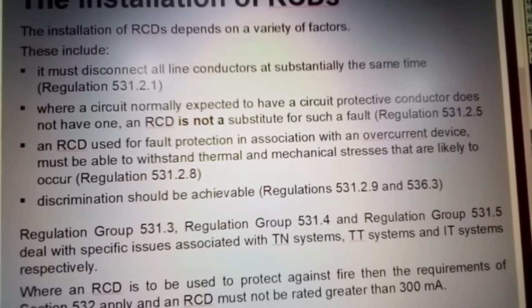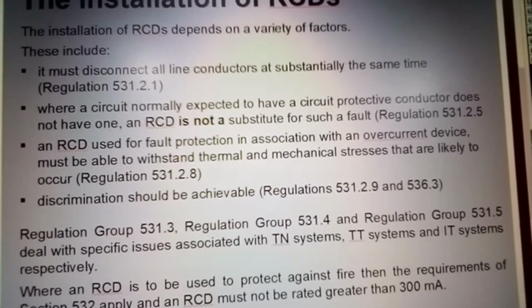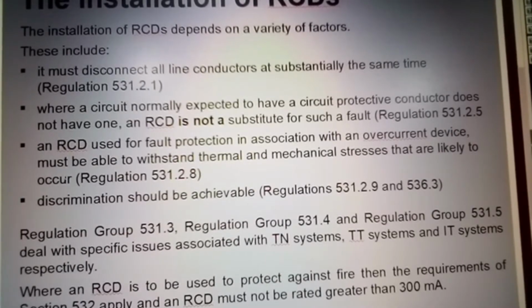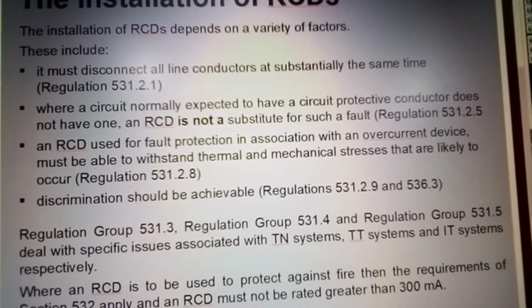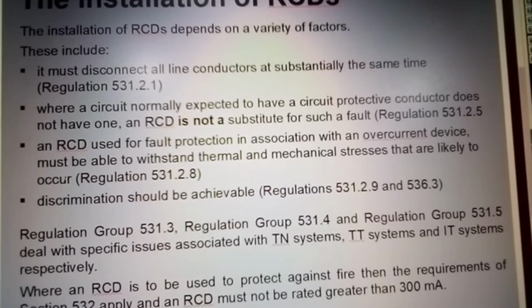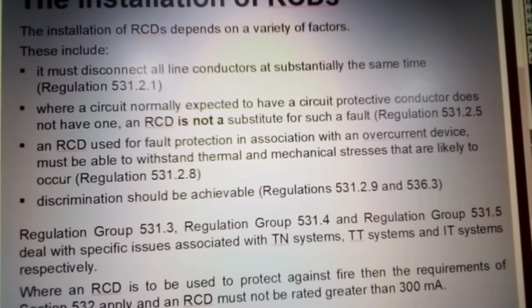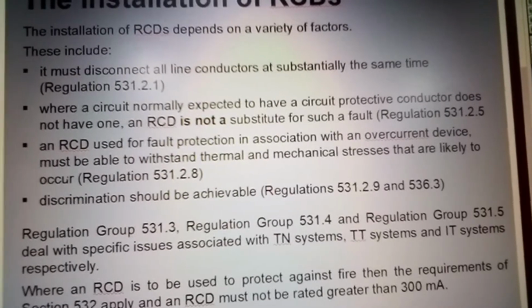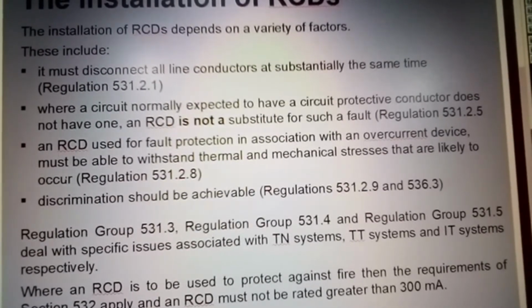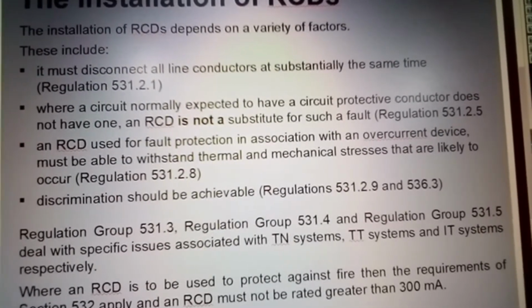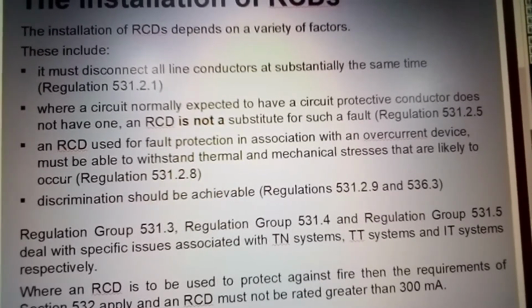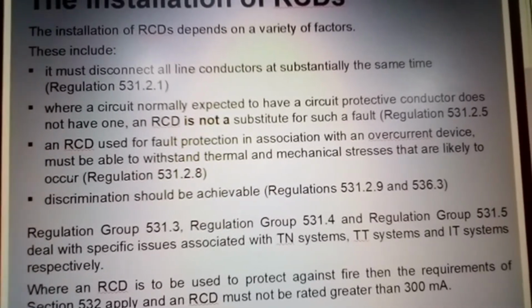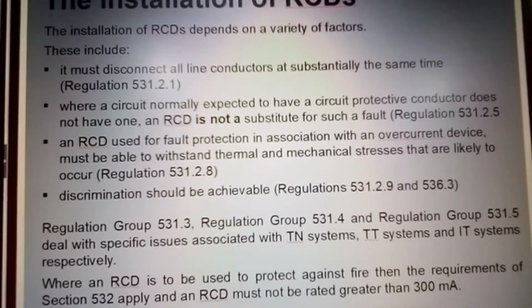Regulation group 531.3, regulation group 531.4, etc. deal with specific issues associated with TN systems, TT systems, and IT systems, respectively. Where an RCD is to be used to protect against fire, then the requirements of Section 532 apply, and an RCD must not be rated greater than 300 milliamps.